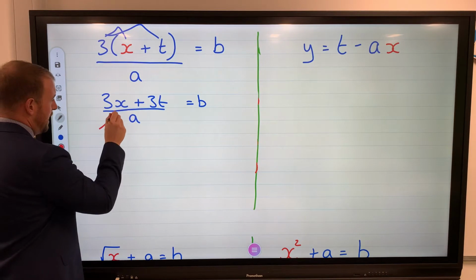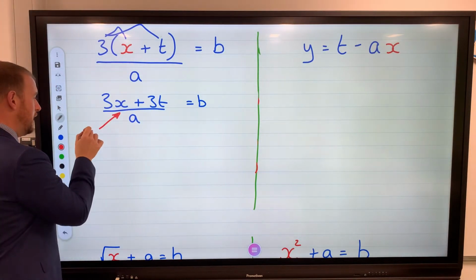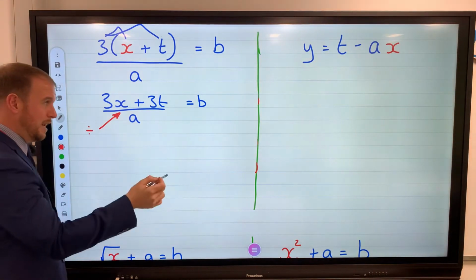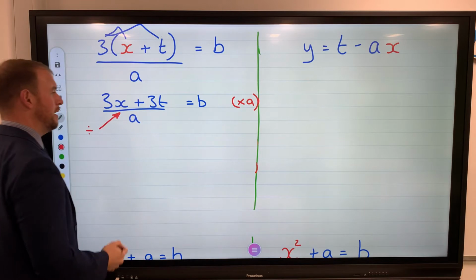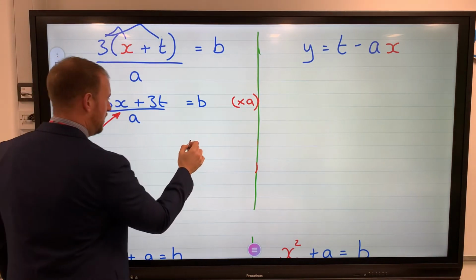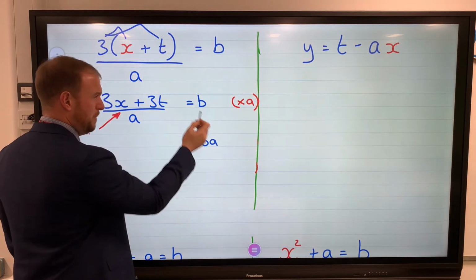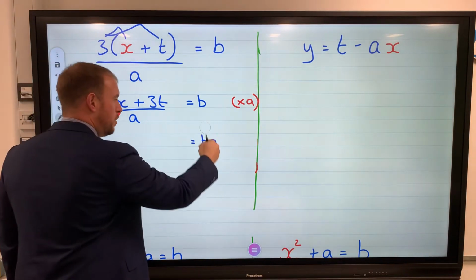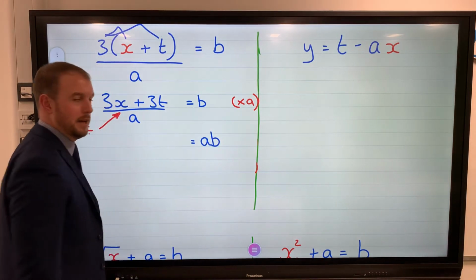Now I need to eliminate this divide by a. That means divide. Inverse of divide will be to multiply. So we need to multiply by a. So then that means on this side I have ba, because b lots of a. However, remember alphabetical order when we are multiplying our letters.